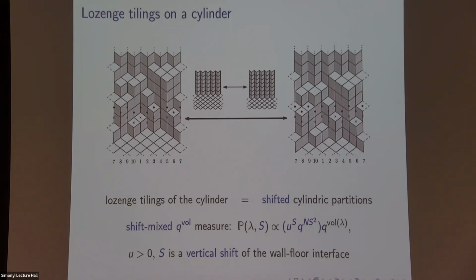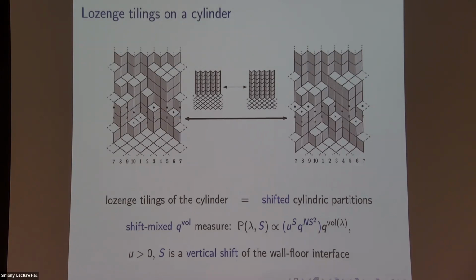I need to fix a zero level. Let's say this was a fixed zero level, then all others can be obtained by shift of configurations which correspond to this interval. Okay, so then the set of all Lozenge Tilings configurations of our infinite cylinder, yet again with our boundary conditions, correspond to a shifted cylindric partition.